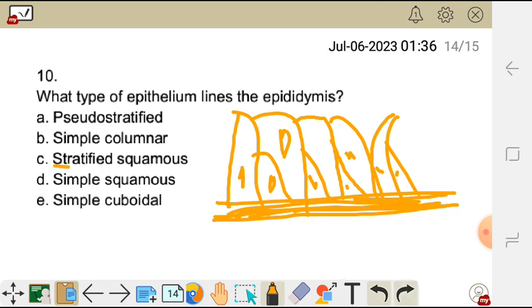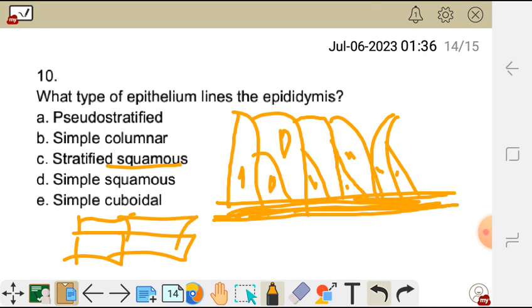And stratified squamous, they are flat, but stratified has more than one layer, and simple is just a single layer. So stratified squamous has a number of layers made up of flat cells.